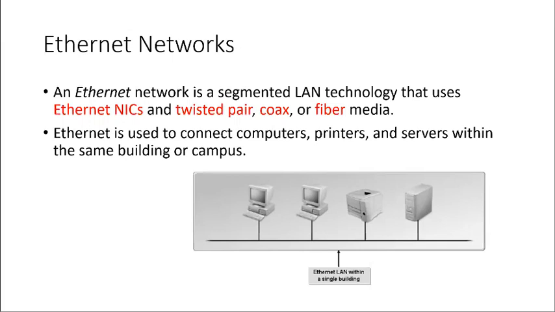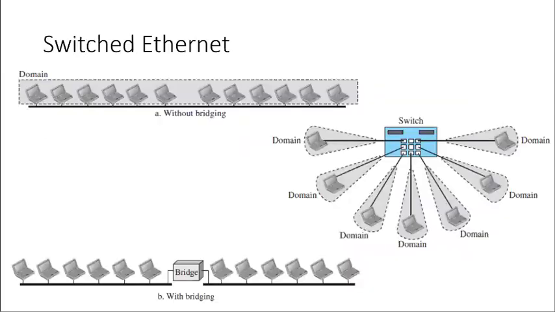Ethernet is used to connect computers, printers, and servers within the same building or campus. With the help of this technology, all the devices like printers, computers, servers, and so on are connected, especially within a campus or in the same building. In this example, the first figure is a bus topology, where all the devices are connected to one single backbone.